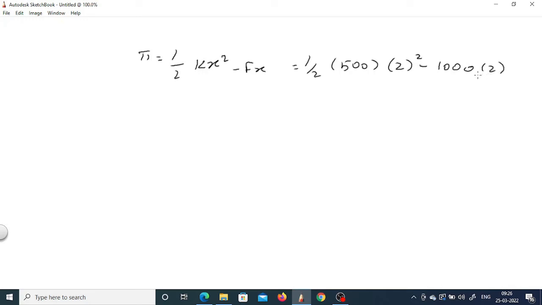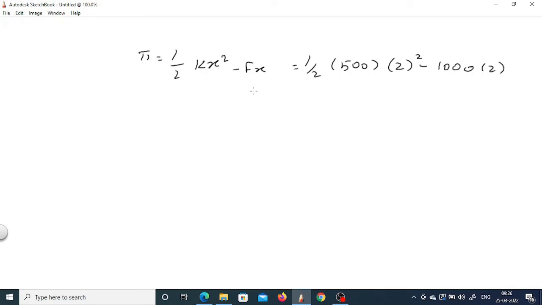Now I can write the equation for total potential energy: phi is equal to 1 by 2 kx square minus Fx. According to our problem, the k value is 500. The x value I got from the previous step, the displacement, is 2 mm, so 1 by 2 into 500 into 2 square, minus F, which is 1000, times x, which I got as 2.